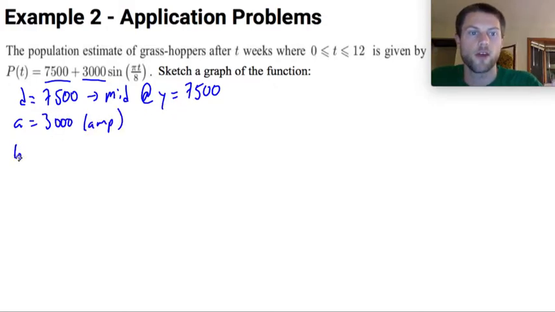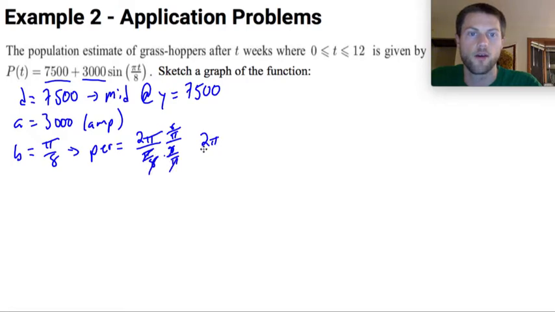And then I have a B value of pi over 8. So that means that my period is going to equal 2 pi over pi over 8. If I multiply by the reciprocal, 8 over pi, the pi will cancel in the denominator, so this is going to be 2 pi over 1 times 8 over pi, and it looks like this is going to equal 16 as my period.